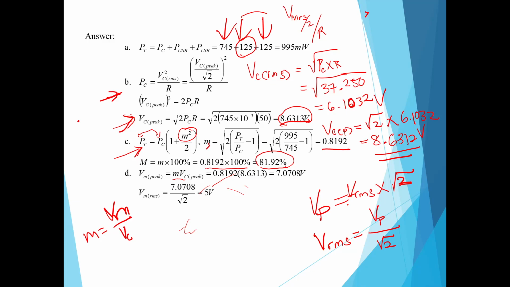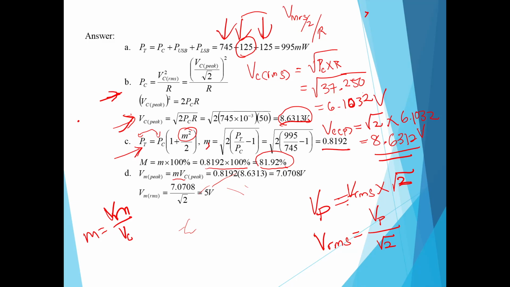So 0.8192 multiplied with VC RMS, which we got previously, 6.1032.